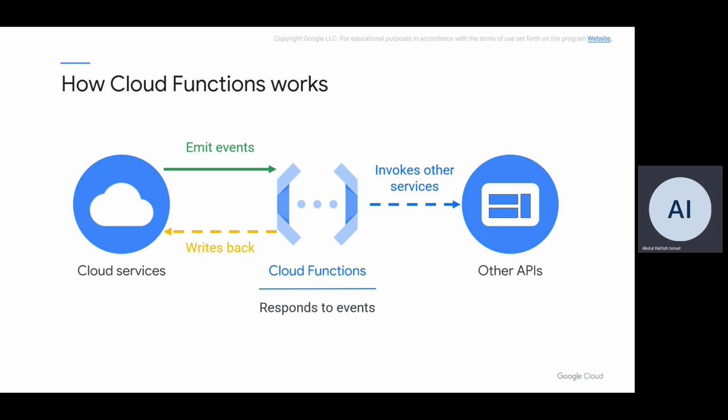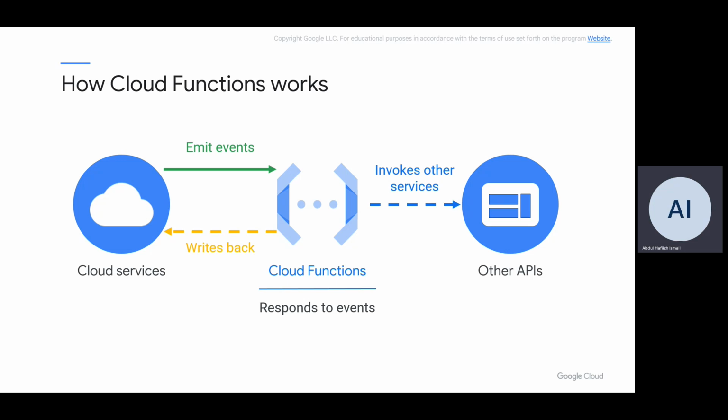So events happen all the time within the system, like file uploads to cloud storage, changes to database records, requests to HTTP endpoints, and so on. So by writing code that runs in response to those events, Cloud Functions runs it while automatically managing any underlying infrastructure.